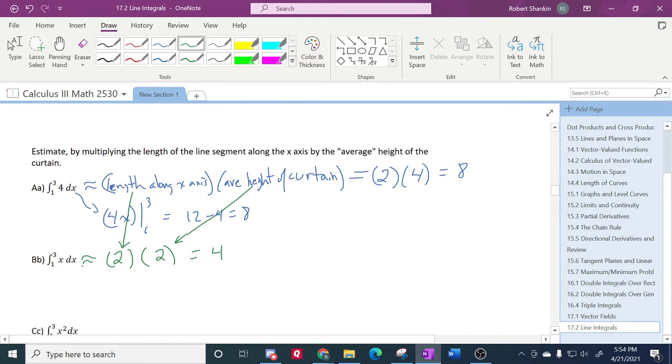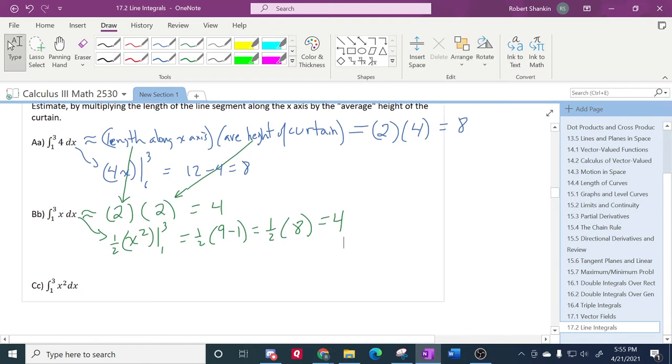And if we did this way, its antiderivative is x squared over 2. I'm going to put the 2 out front this time and go from 1 to 3. So it's 1 half, 9 minus 1, 1 half of 8, which is 4. Same answer. So we knew our estimate was going to be exact.